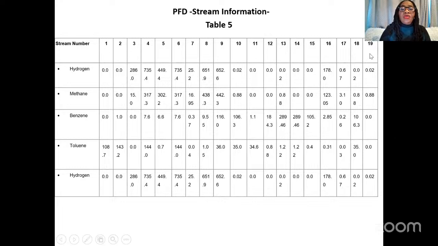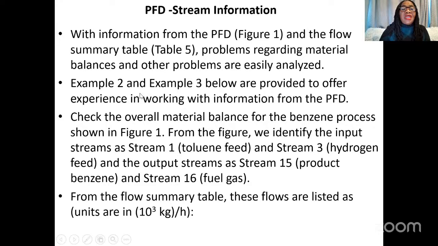I told you we have the 19 process streams in this conversion of toluene to benzene process. There are numbers given to us here, so we're going to use these and do calculations now.